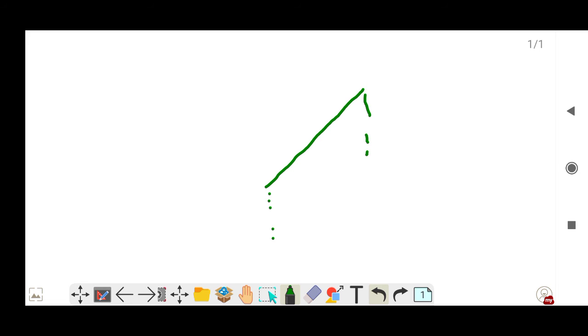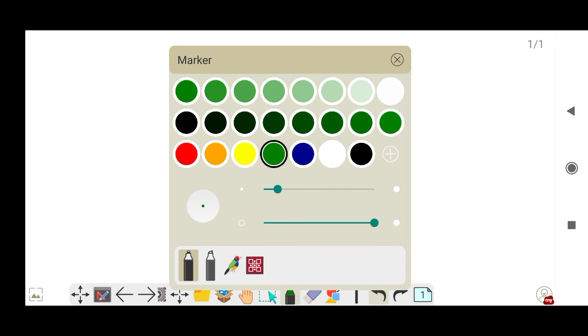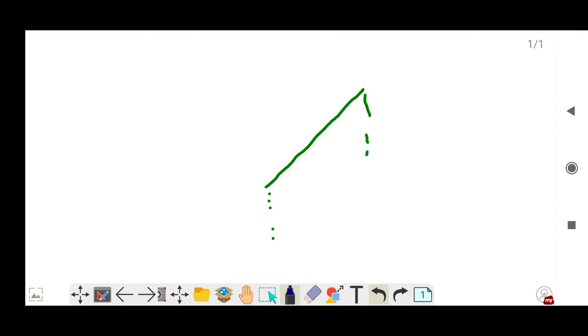And you know that the magnetic field was in this way.